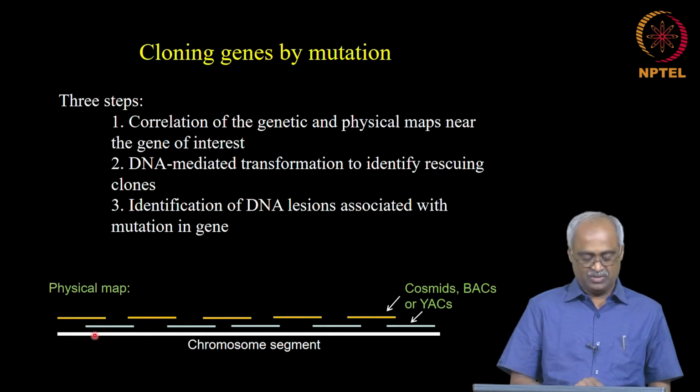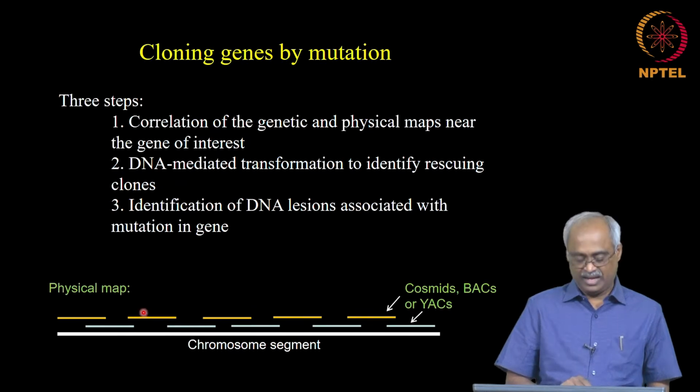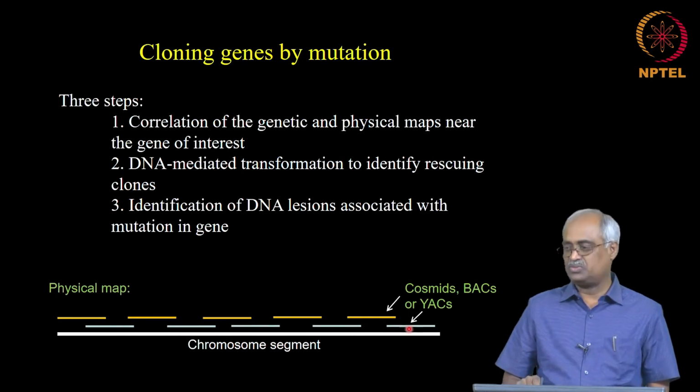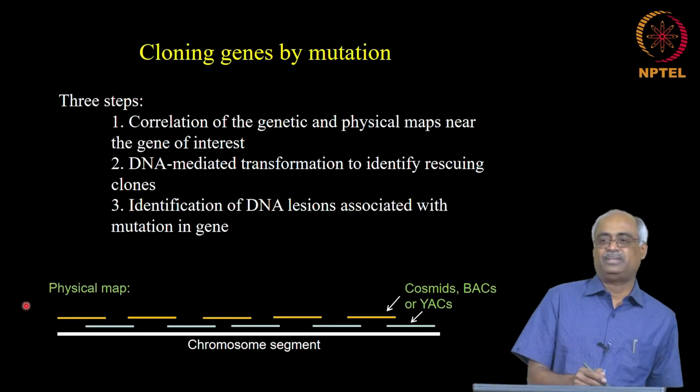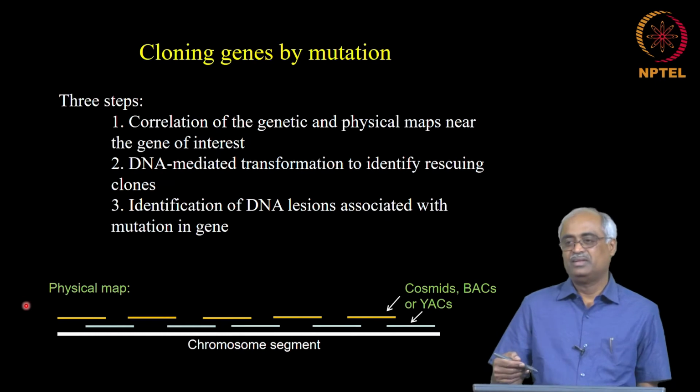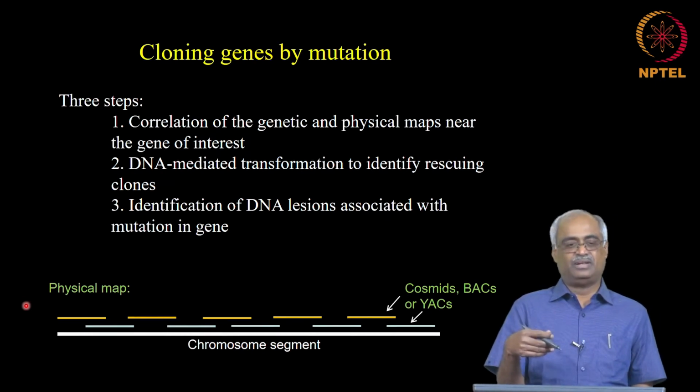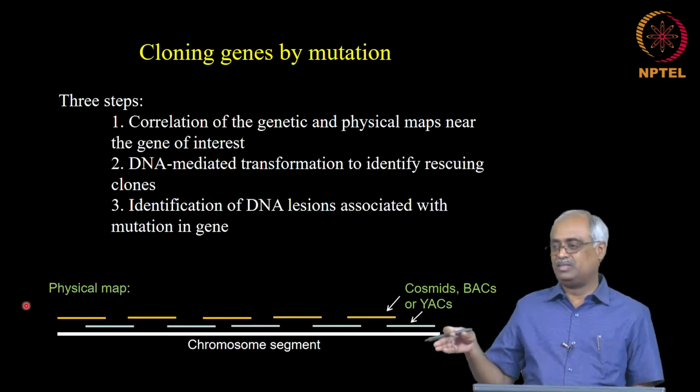Okay, so now you see the logic of how this would have picked this, because they are overlapping. Now I take this one and then find this and then go like this. This is called chromosome walking. So you walk along the chromosome in terms of identifying the cosmid clones that are sequentially arranged along the length of the chromosome.